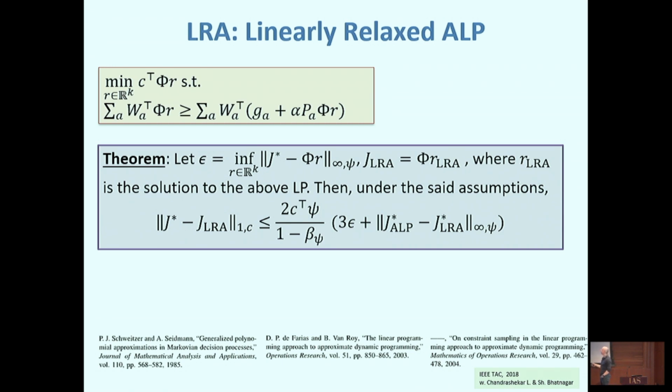In this theorem, you can see that this quantity scales with epsilon. This is the best approximation to the optimal value function within the subspace that you have chosen, and then there is some blow up happening, and you can argue, I think, that that blow up is not possible to avoid, and there is some additional term.